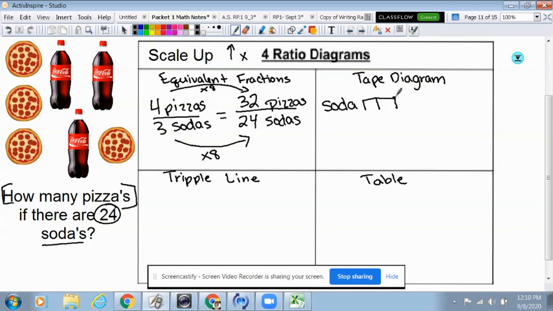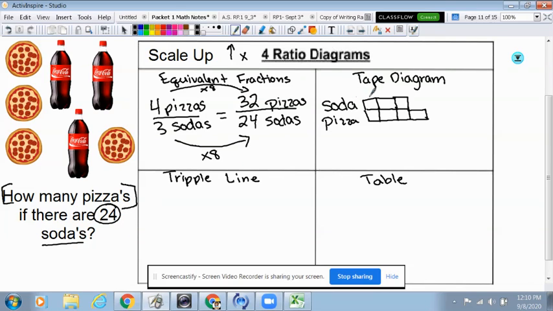Then I have 4 pizzas, so I'm going to label pizza, and I'm going to make 4 boxes, but I have to make sure they're even. So I've got 3, and a 4th one over here, as even as possible, so that they line up.